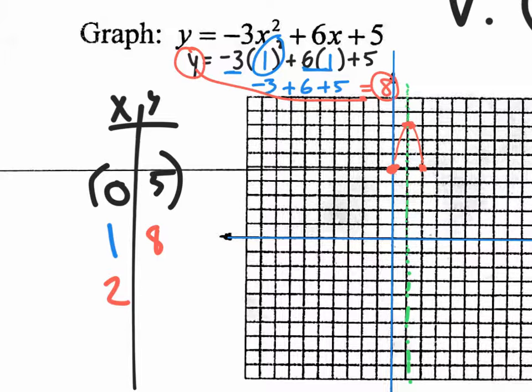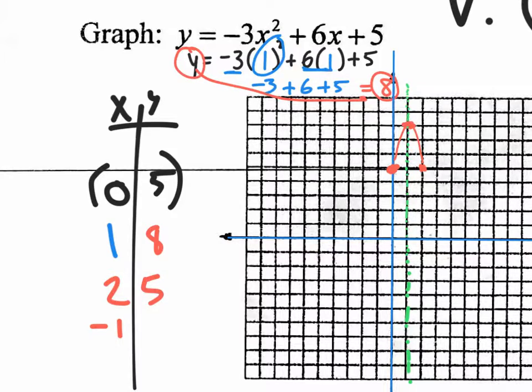Does that make sense? So it'd be a waste of time to plug in 2 because you're going to get 5 anyway. So since you plugged in 0, you might as well plug in either -1, or if you want, you could plug in +3. I always say plug in values that are on the same side of the vertex, on the same side of the axis of symmetry. So let's plug in something like -1, okay?